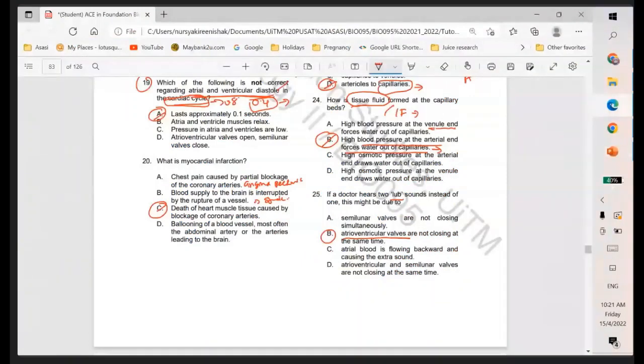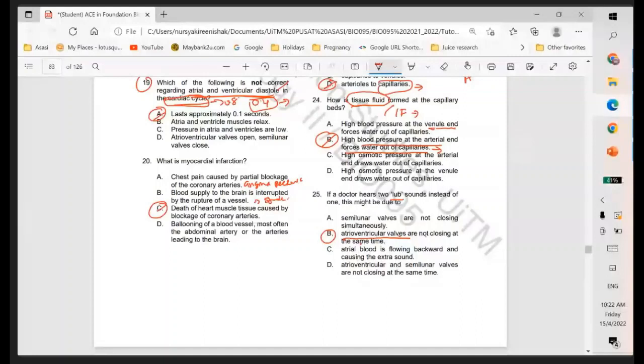AV valves are not closing at the same time. Maybe mula the right ventricle yang contract, the AV valve yang close. Lepas tu baru kemudian dia pergi kepada left ventricle, maybe kan. So the two AV valves did not close pada masa yang sama. So dia tak serentak.